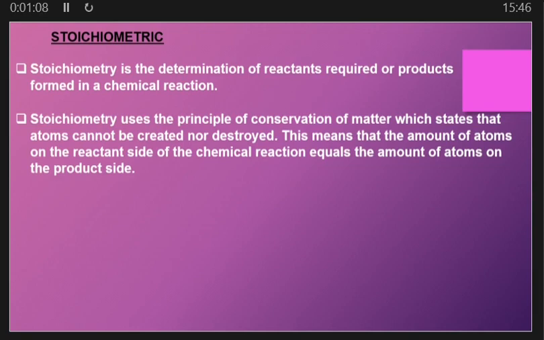it uses the principle of conservation of matter, which states that atoms cannot be created nor destroyed. This means that the amount of atoms on the reactant side of the chemical reaction equals the amount of atoms on the product side.